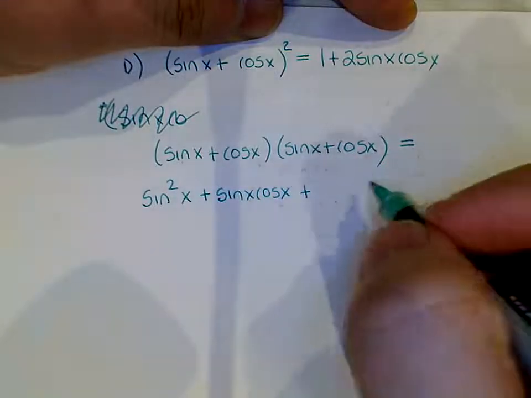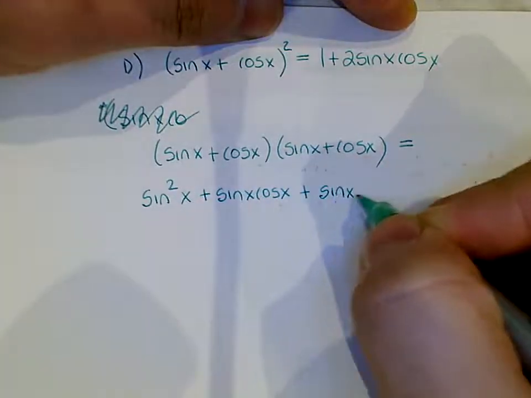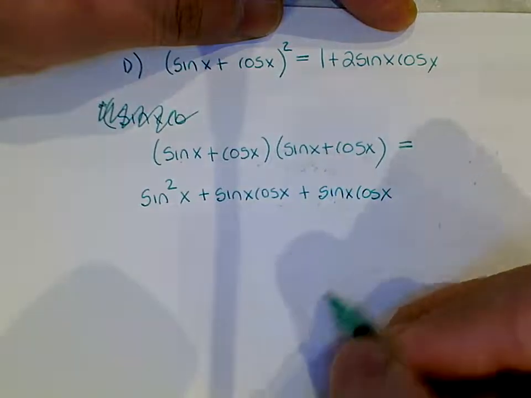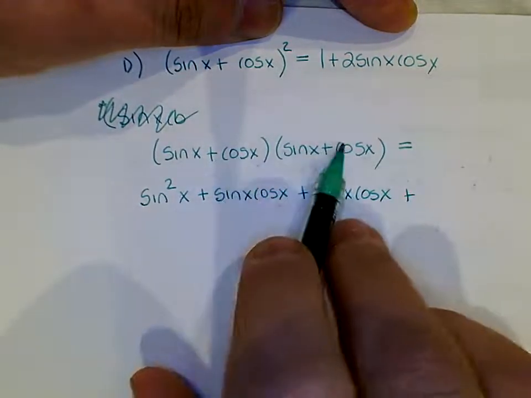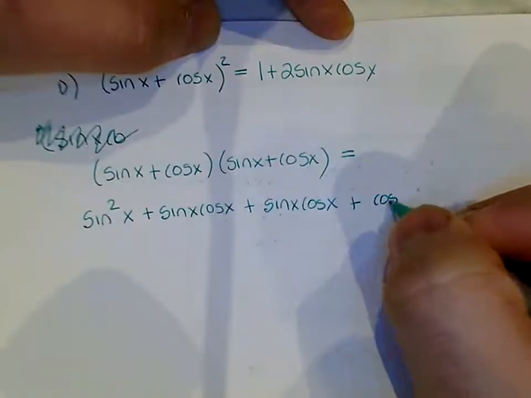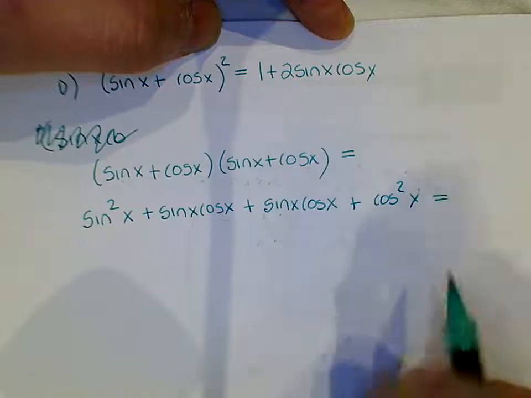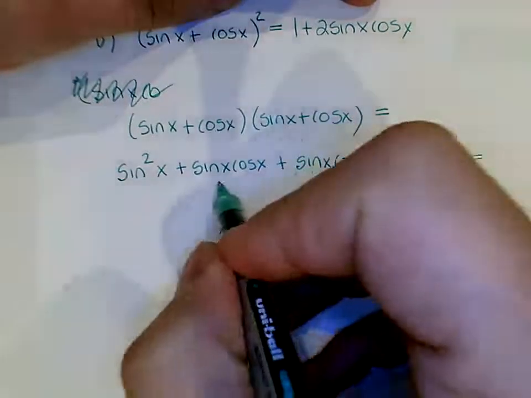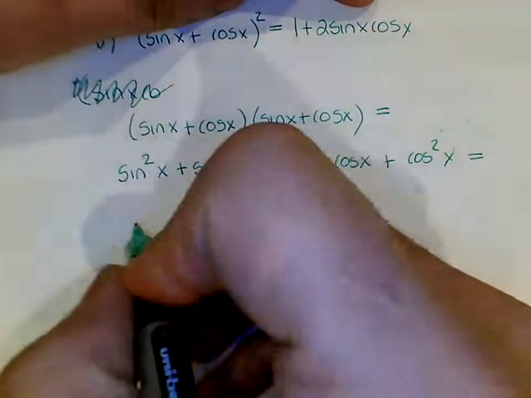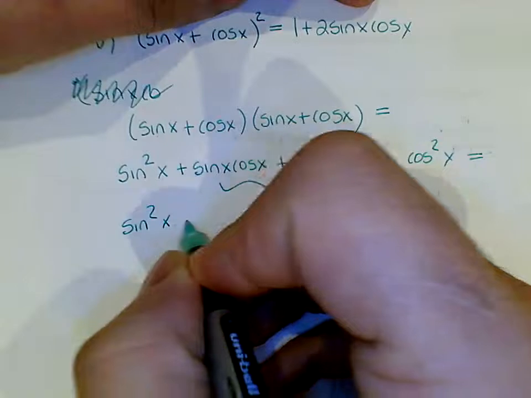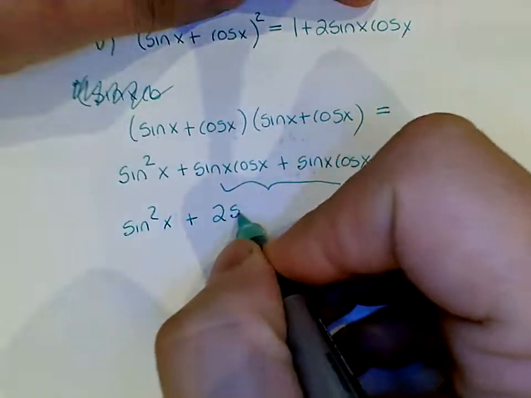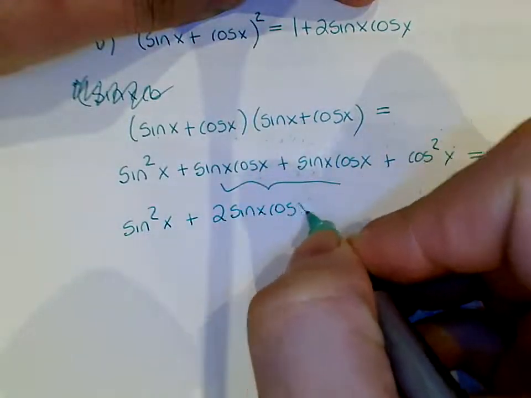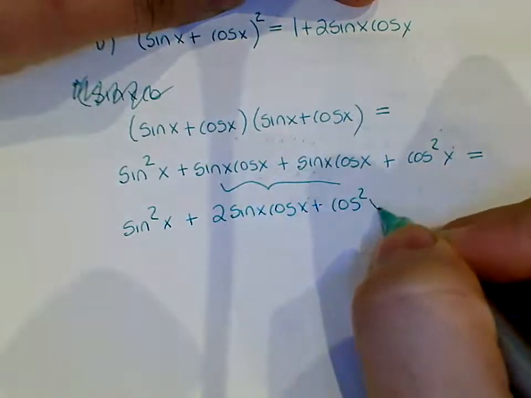But again, your order doesn't matter with multiplication. It's the same thing as sine x cos x. And then cos x times cos x is cos squared x. So we have some like terms here that I can group up. That should give me 2 times sine x cos x plus cos squared x.